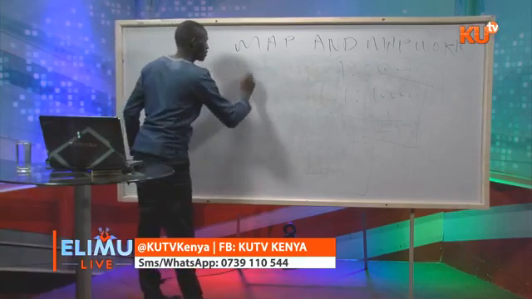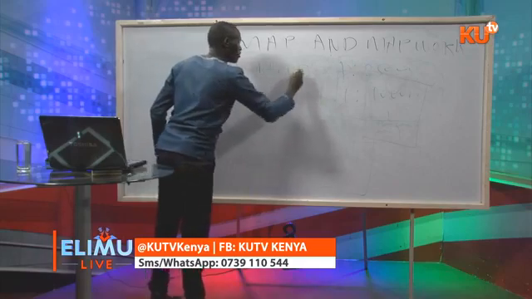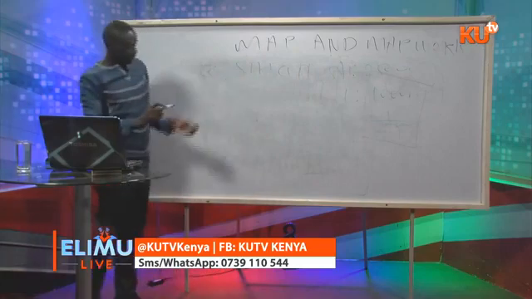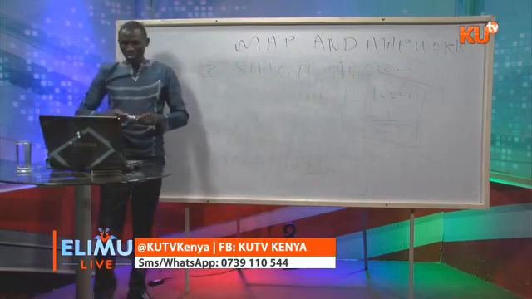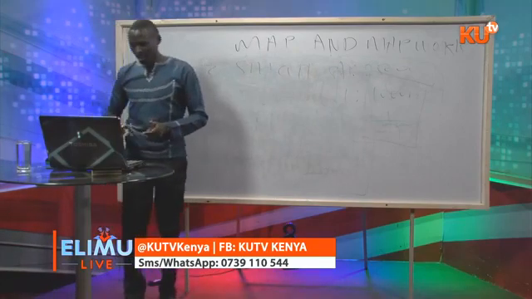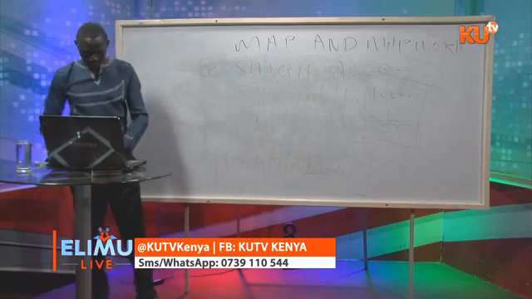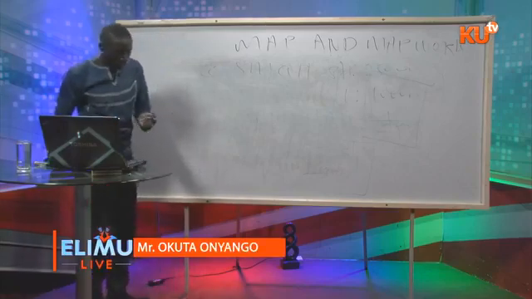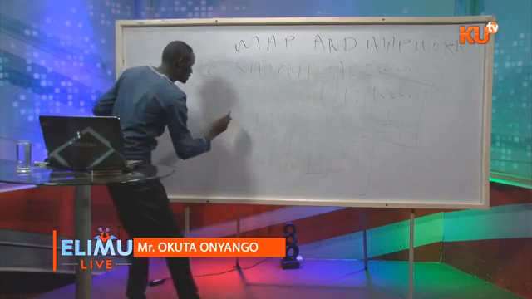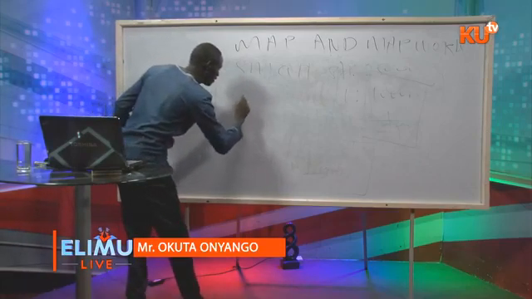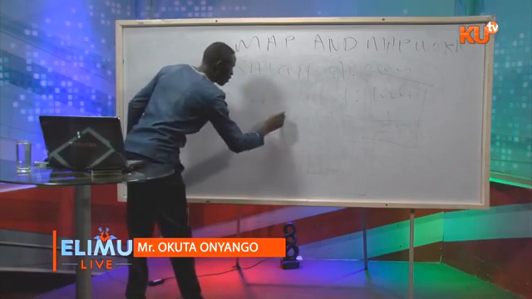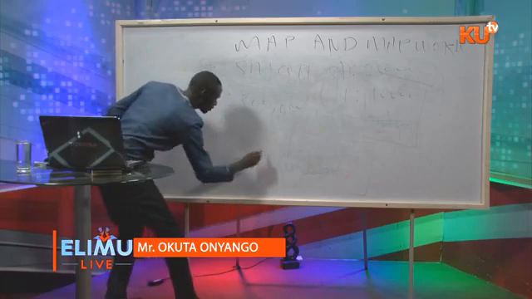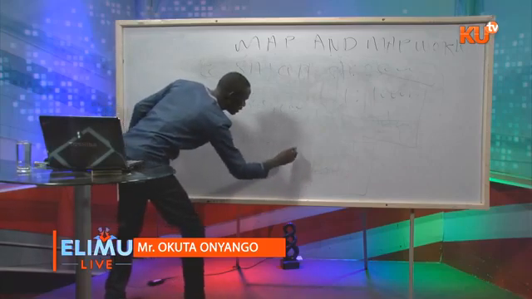Number 3, small scale. Now, in the small scale, we focus on scales that are between 1 to 500,000, and 1 to 1 million.